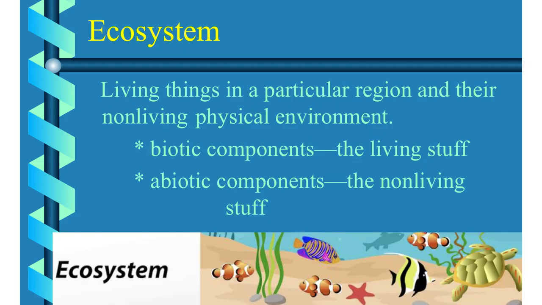Okay, the biosphere can be subdivided into all kinds of ecosystems. Ecosystems are like the biosphere, but a particular region in the biosphere containing the living things and the non-living things.